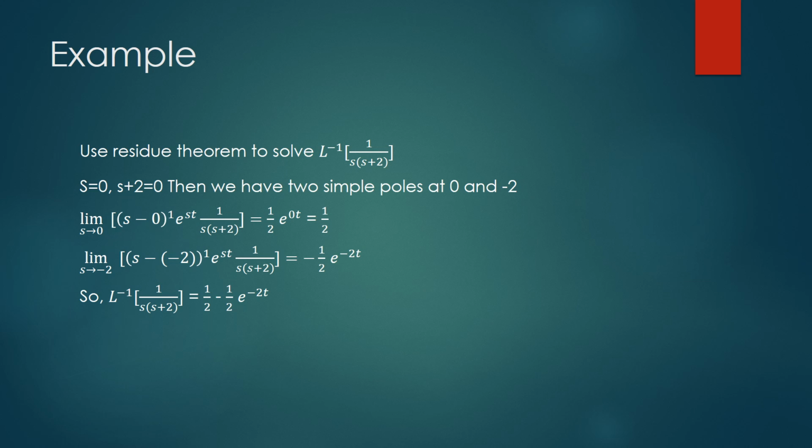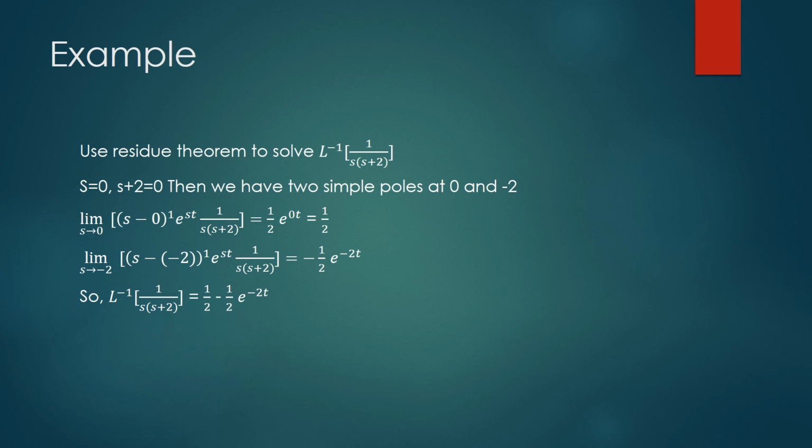It helps us to understand more. So here's the example where we use the residue theorem to solve the inverse Laplace transform of 1 over s times (s plus 2). The first step is to find the value of the poles a. That means we need to find the points where the function is undefined.